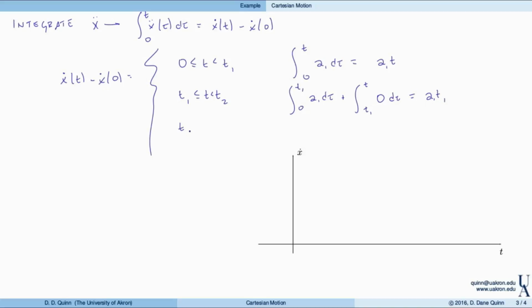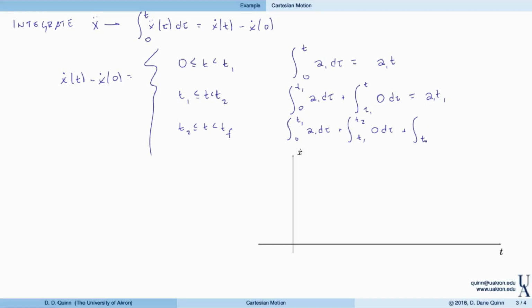Then finally, we look at what happens between t2 and t final. Again, we have to integrate this piecewise. So it's the integral from 0 to t1, a1 d tau, plus the integral from t1 to t2, 0 d tau, because again, there's no acceleration in that intermediate interval.